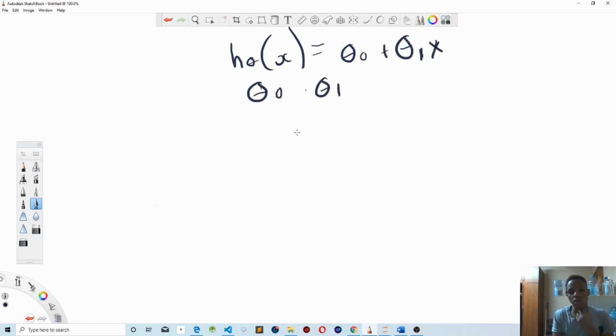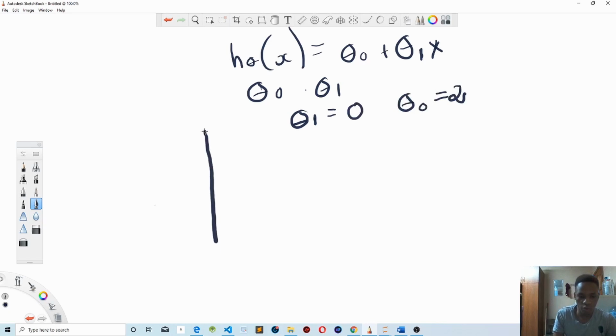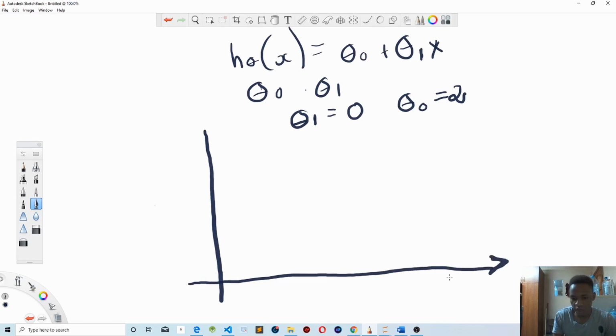So let's take, for example, theta 1 equal to 0 and theta 0 equal to 2. We want to visualize how our line would look. On the x-axis we have the values of x, and the y-axis is h theta of x. So we want to plot a graph of h theta of x against x. Let's say here it's 1, here is 2.